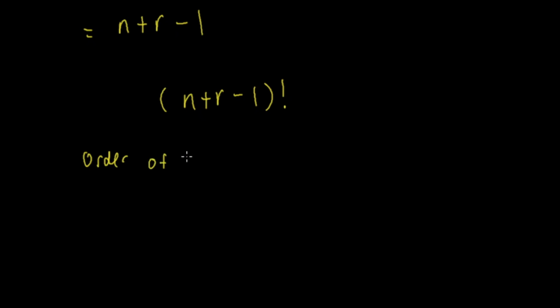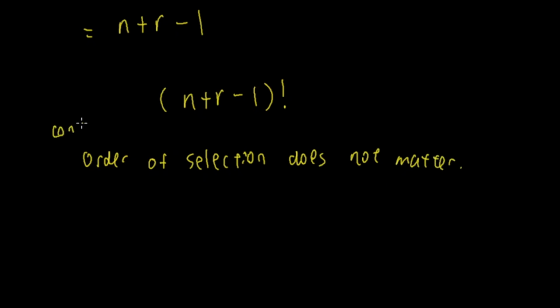Consider that order of selection does not matter. Okay, what does that mean? What does it mean that order of selection doesn't matter? That means you can choose any of the stars or any of the bars in any order.